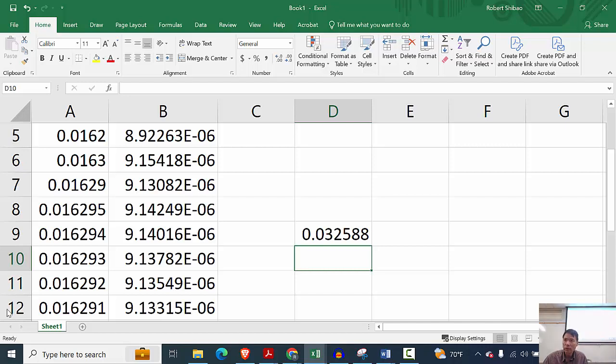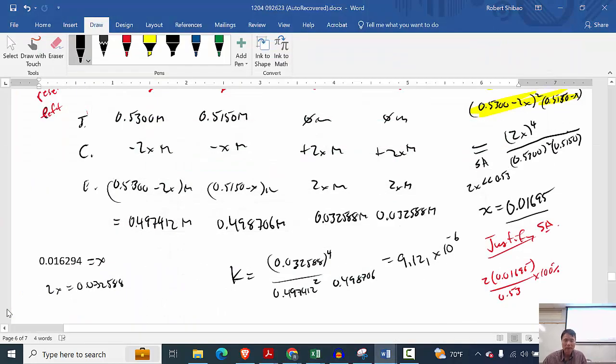You got 9.14 times 10 to the negative 6. All right, then maybe I screwed it up in my calculation here. 9.14 times 10 to the negative 6. Yeah, that's what it should have come out to. And so we're good.